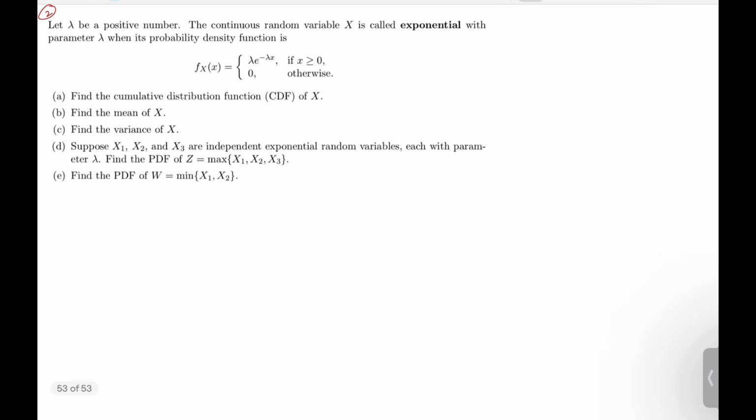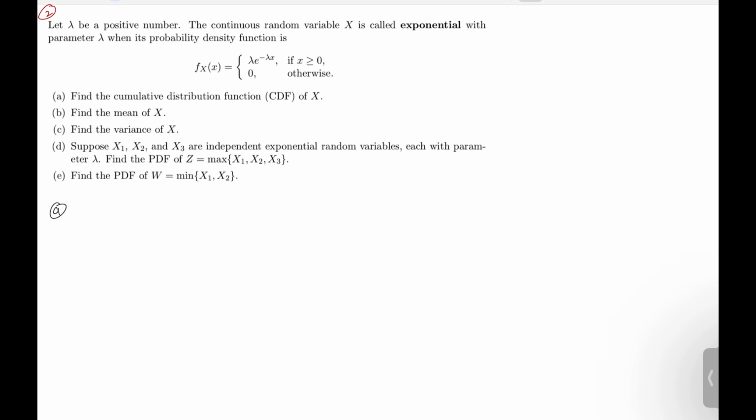So in part A, we just need to find the cumulative distribution function. We have the PDF, we need to find the CDF, right? The point to note here is that it has 0 probability when the random variable takes a value that is negative, right?